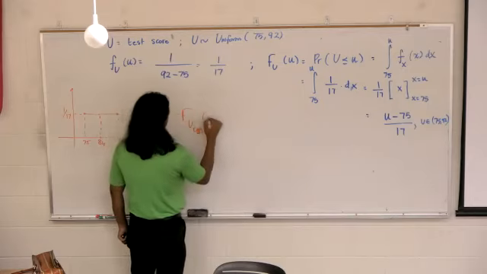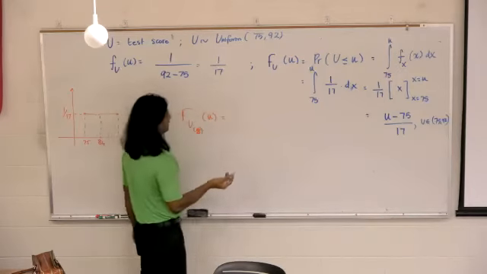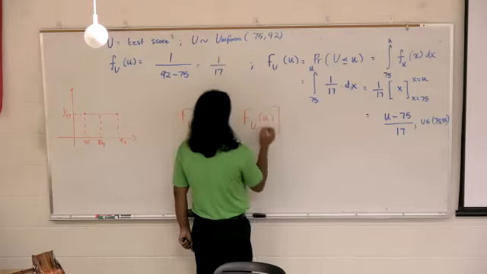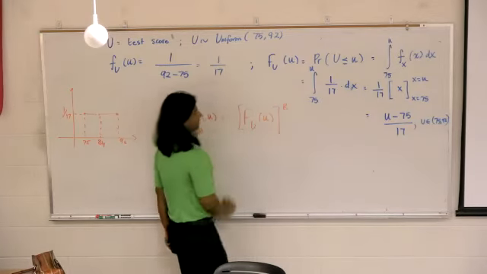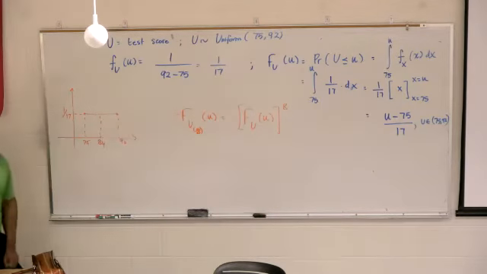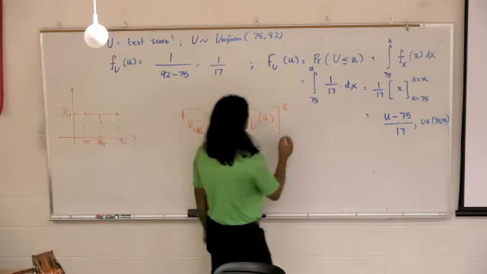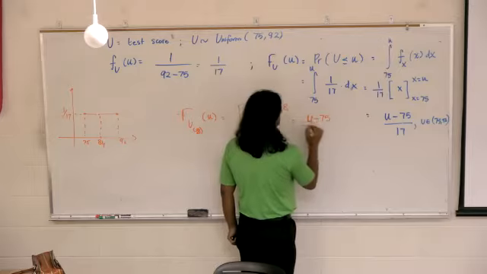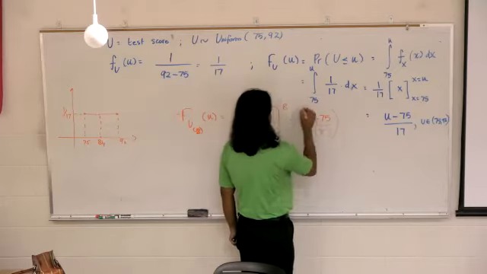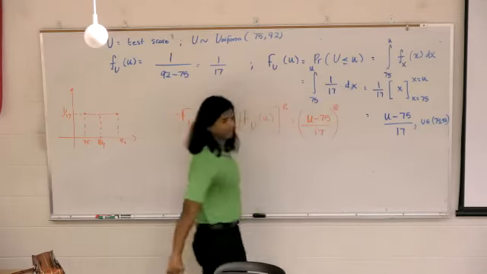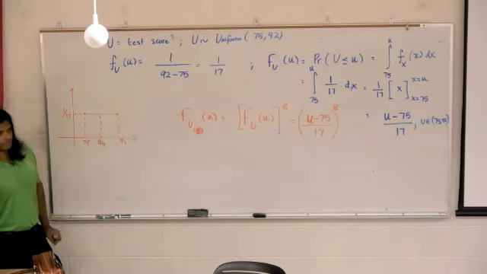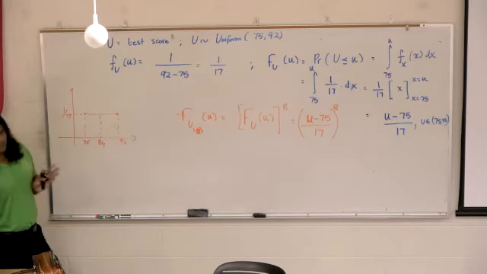For U, the CDF of the maximum is simply F(U) raised to the 8, and that would simply be (U minus 75) divided by 17 raised to the 8.